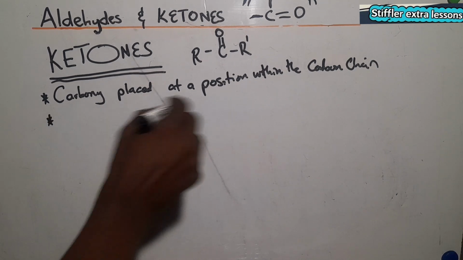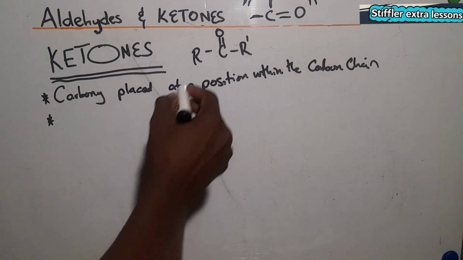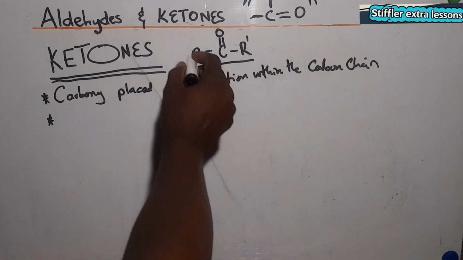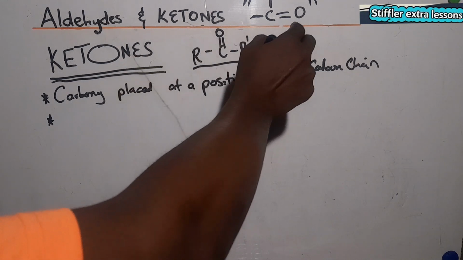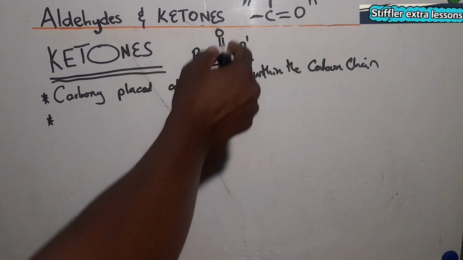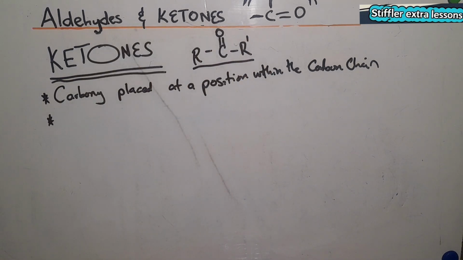So the carbon carrying this is not at the end, but it is placed somewhere in between the carbon chain, right? And its functional group is shown in this way to represent another chain that is coming that way and another chain that is going that way. So it's not at the end, it's somewhere within, right?